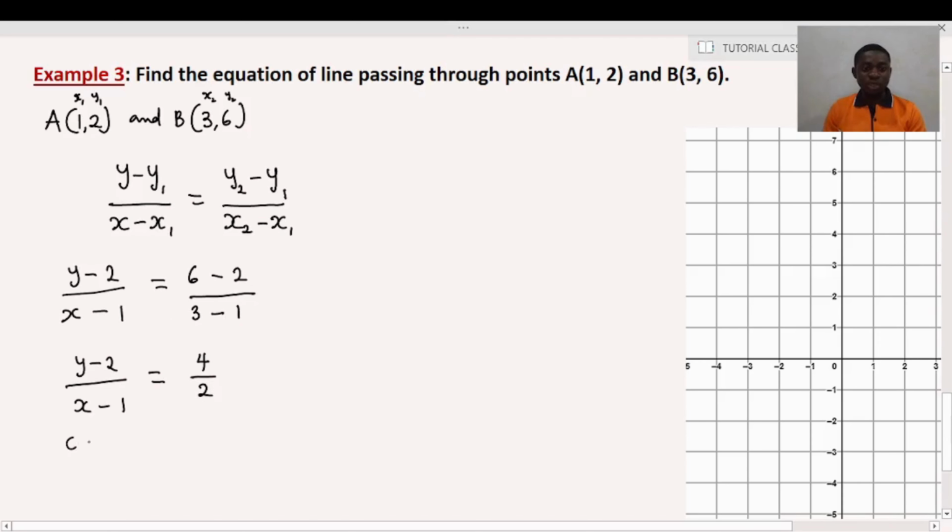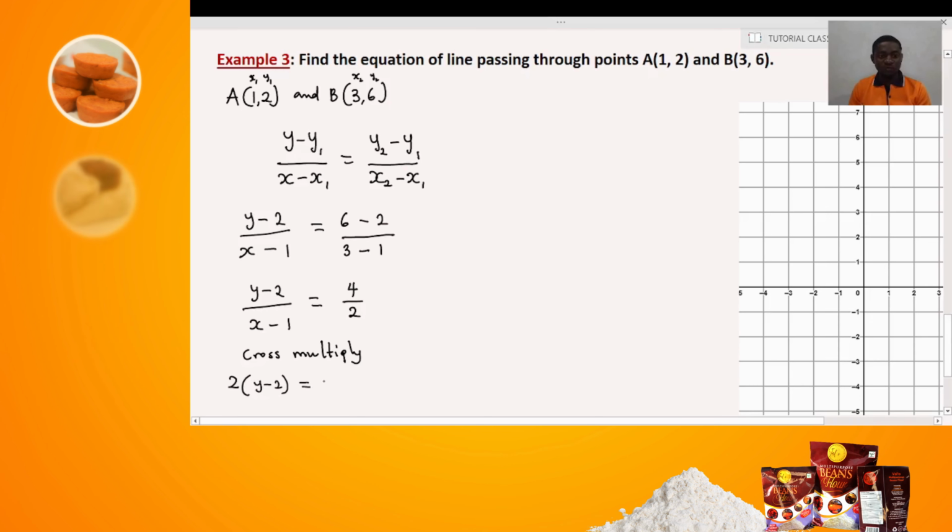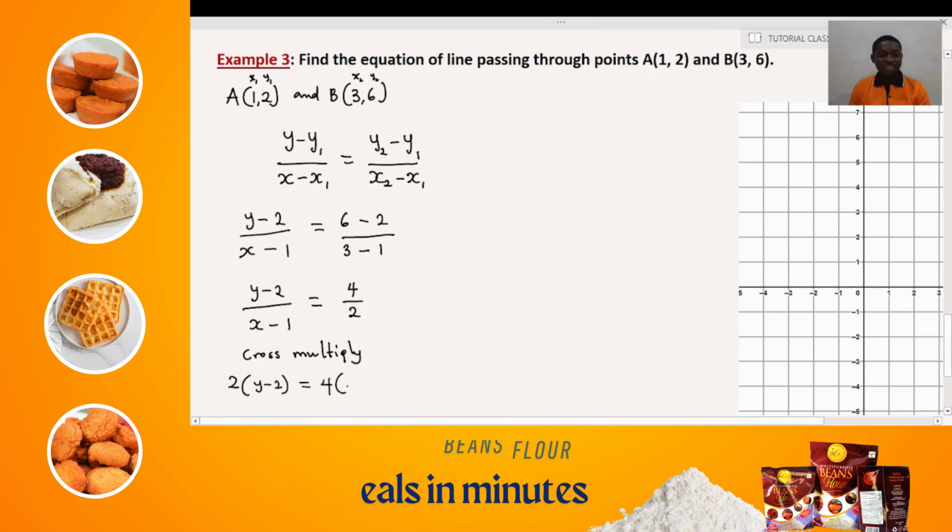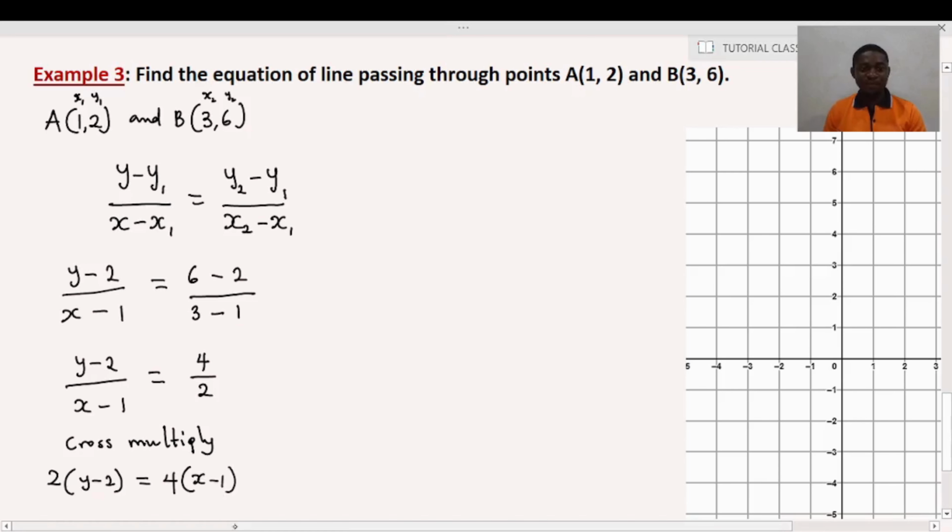So if we go further, we cross multiply. When we cross multiply, we will be left with 2 open bracket y minus 2 equals 4 open bracket x minus 1. And when we do this, we then have to open the bracket. It becomes 2y minus 4 equals 4x minus 4.